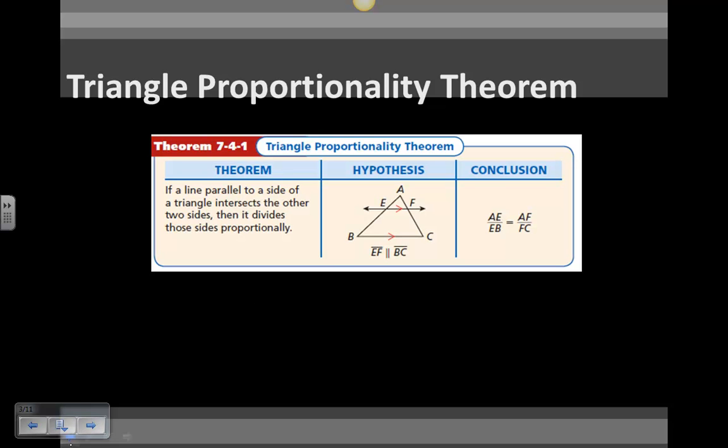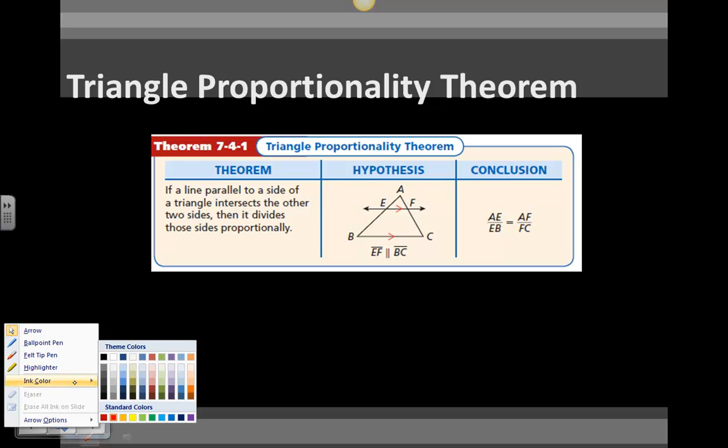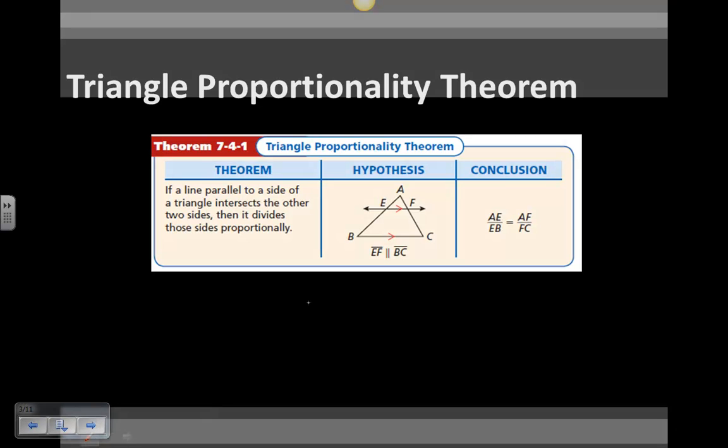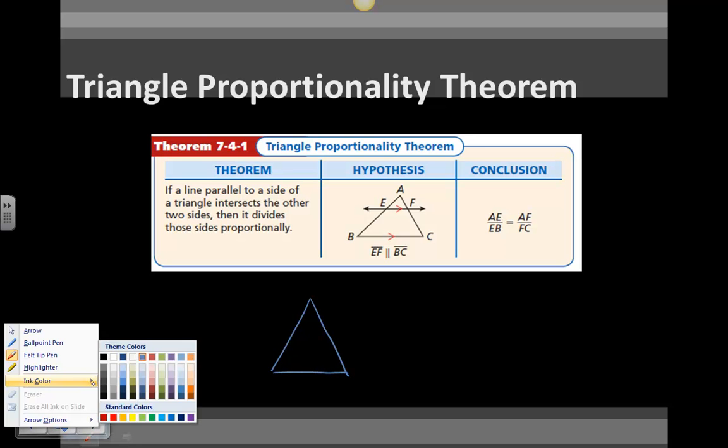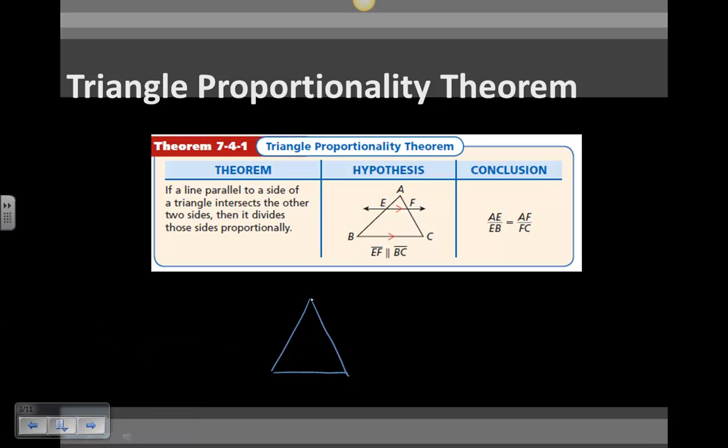Now that's very different from our usual proportionality in a triangle. Let's say we had a triangle like this, and then we had another that was overlapping it like this. Say this angle was congruent to this angle, and these angles are congruent to each other, obviously.